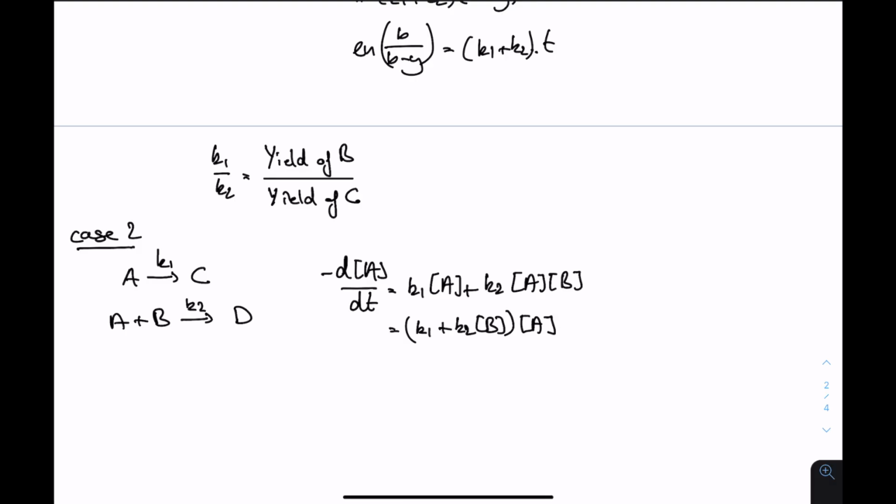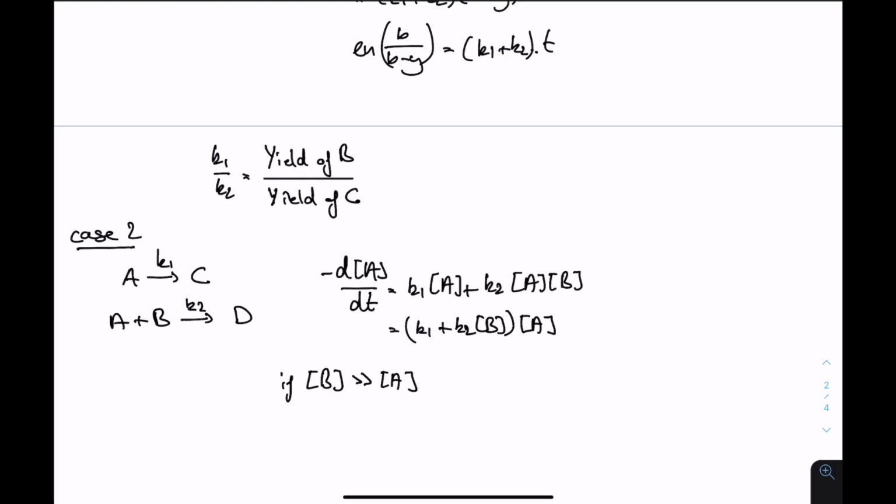So if the concentration of B is in large excess, right, then this reaction 2 will follow pseudo first order with a rate constant equal to K2 times B, right?